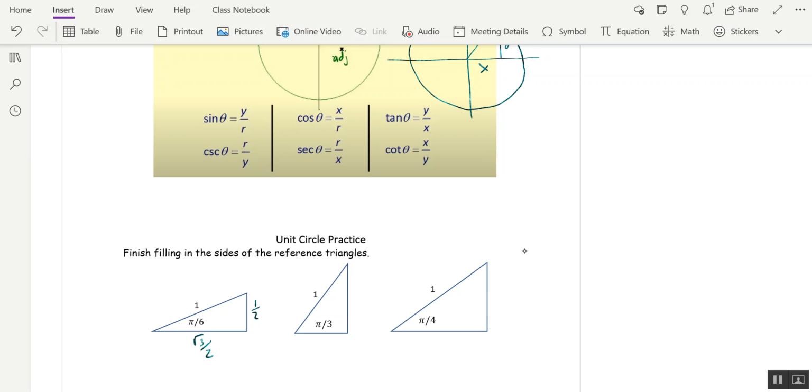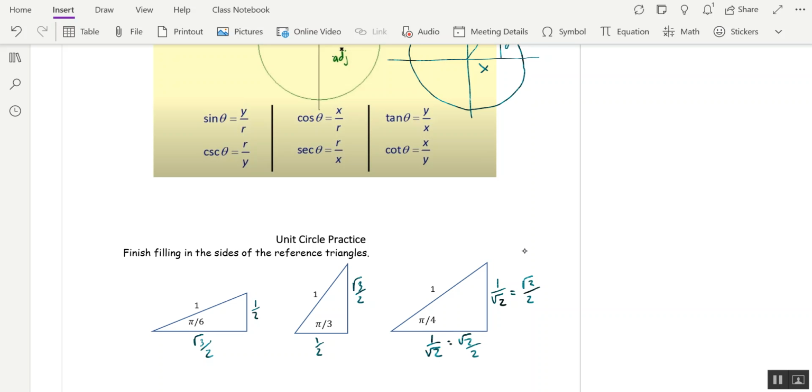For pi over 3, it just flips. Long side's over here, and short side's down here. And then for pi over 4, both the opposite and adjacent sides are equal. And I tend not to rationalize, so I'll write 1 over root 2, 1 over root 2 for both. Of course, that's the same as root 2 over 2.